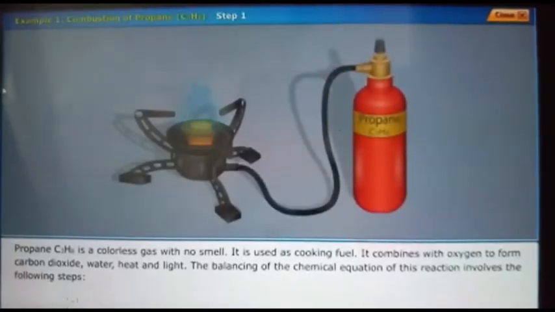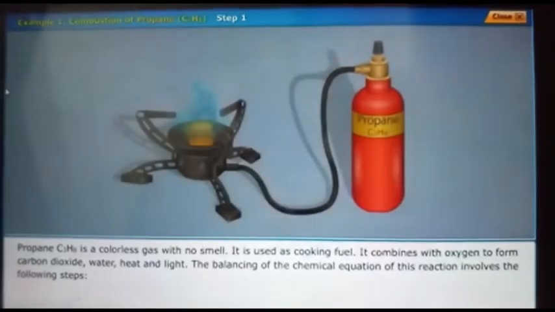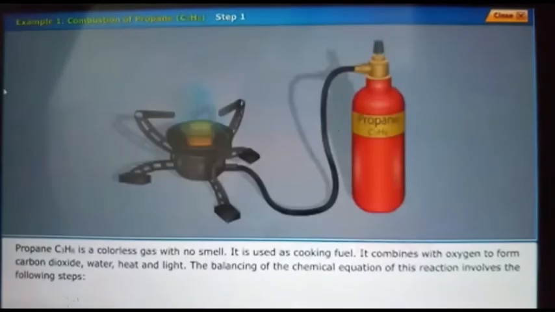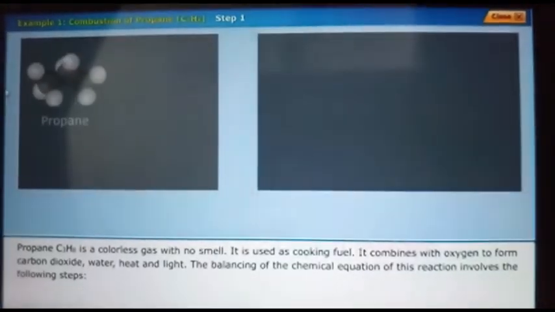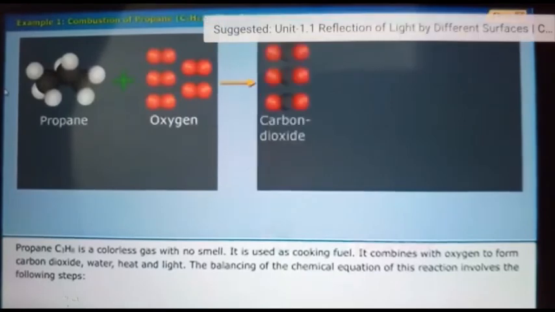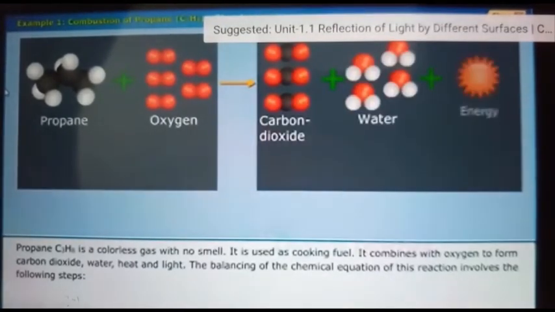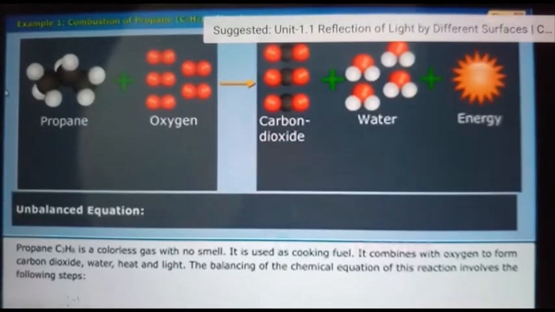For example, propane, C3H8, is a colorless gas with no smell. It is used as cooking fuel. It combines with oxygen to form carbon dioxide, water, heat, and light. The balancing of the chemical equation of this reaction involves the following steps.